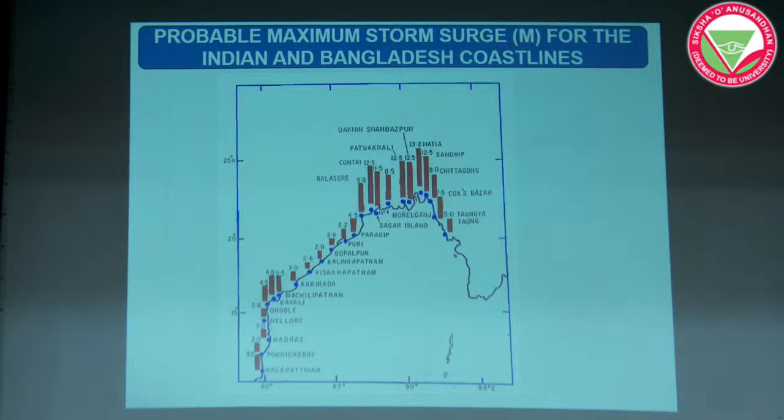And the Bay of Bengal is funnel-shaped. Water is coming from south to north, then it will pile up. We have a large number of rivers. In Odisha itself, we have 7 major river systems. So when a cyclone falls in those systems, it aggravates the issues. So due to storm surges, the maximum number of people die in the Bay of Bengal.